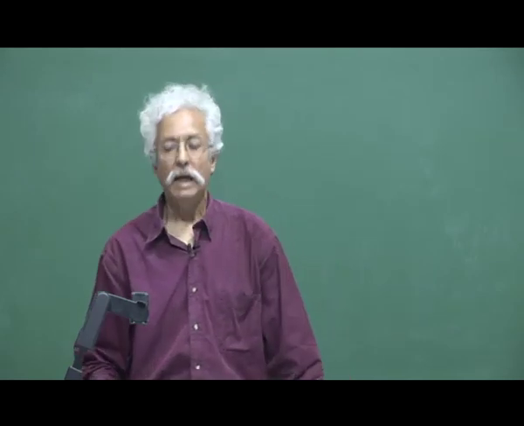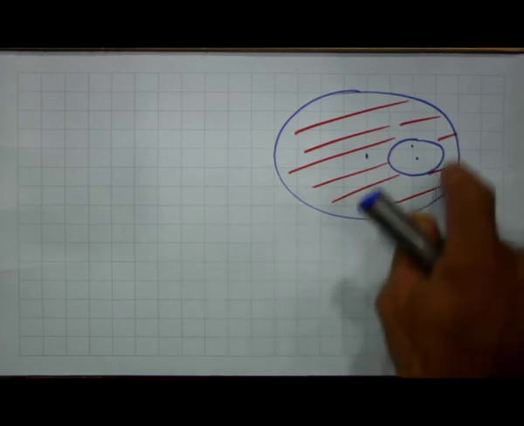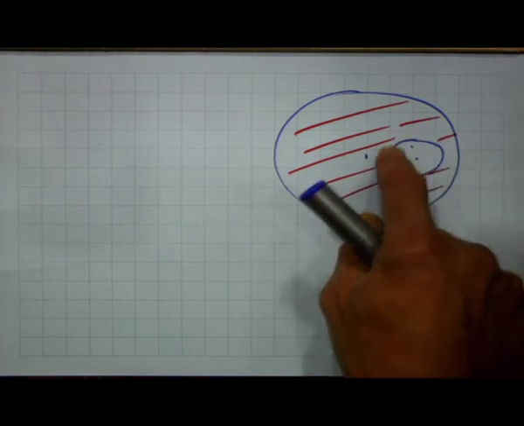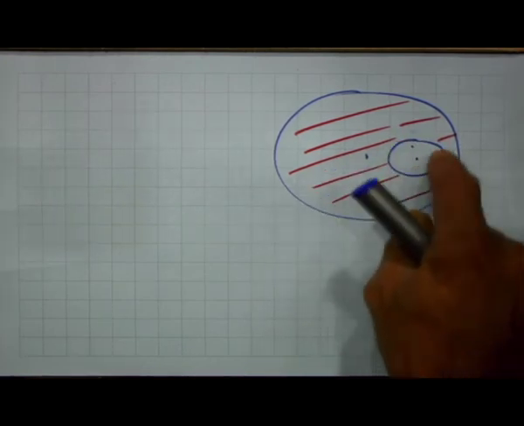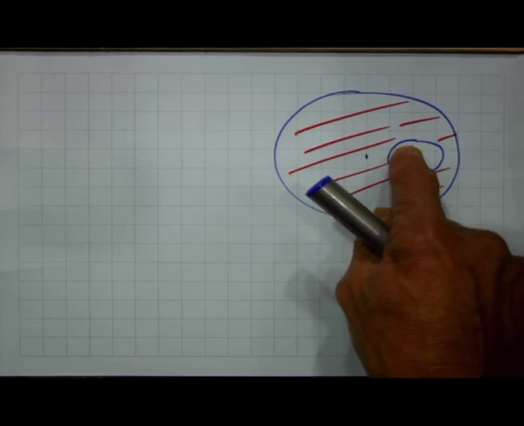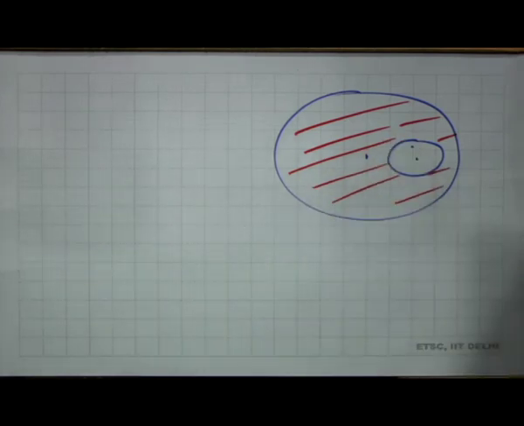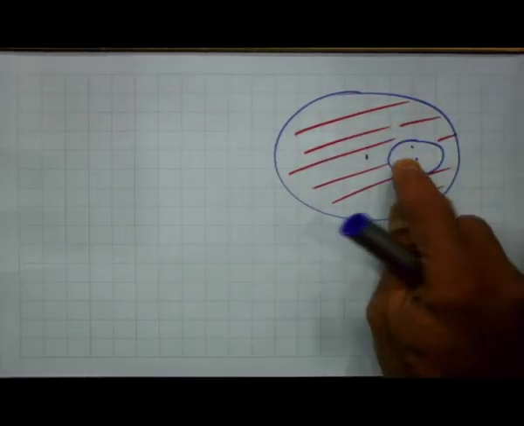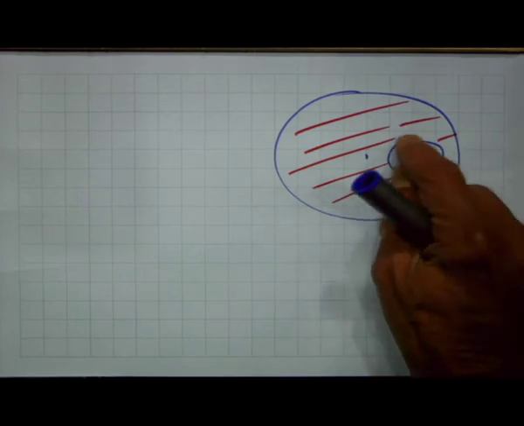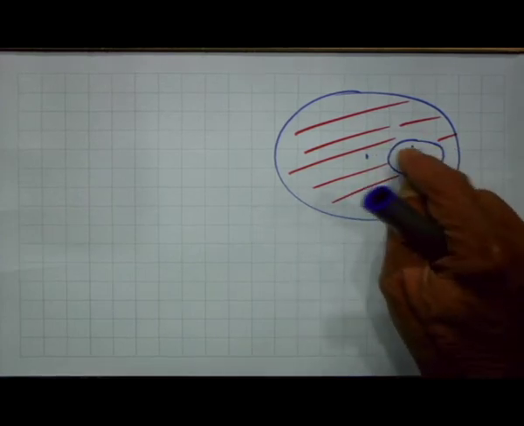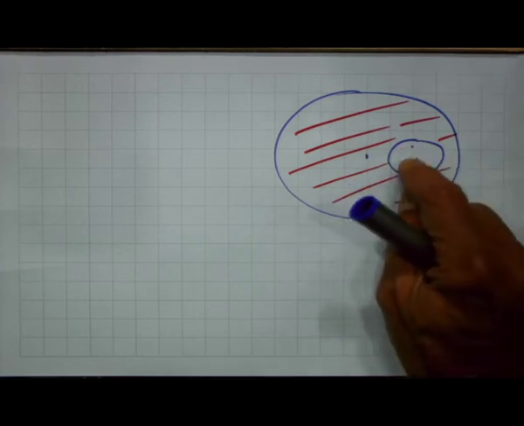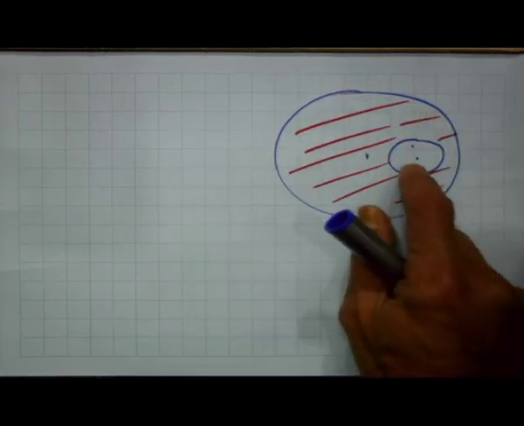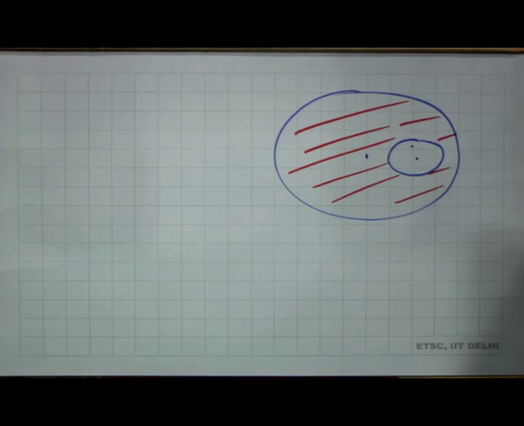So, what I can do is I calculate the magnetic field produced by a completely solid cylinder without the hole at this point. Then I calculate the magnetic field at the same point because of a cylinder of the hole's radius, and then subtract the second magnetic field from the first to get the magnetic field at this point because of the cylinder with the hole. So, that is the procedure we are going to do.